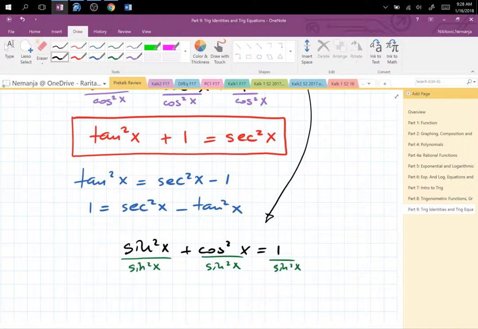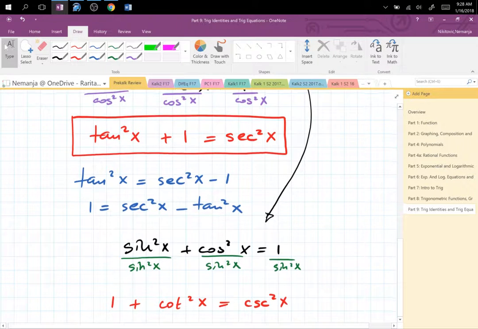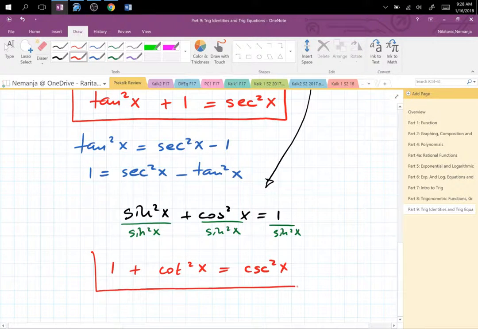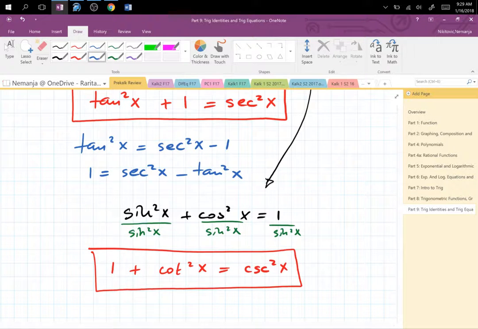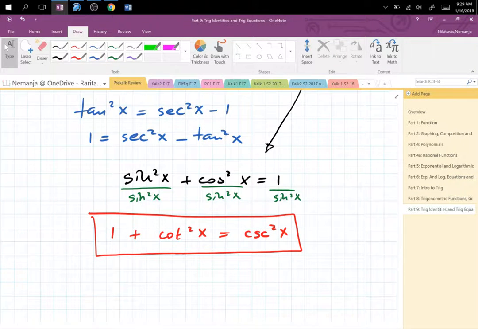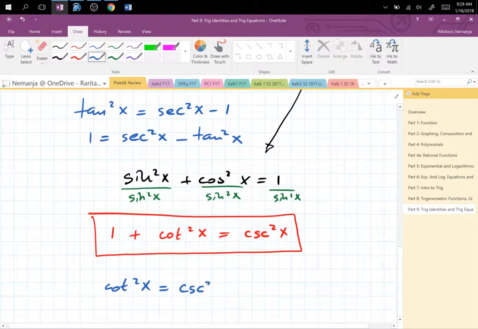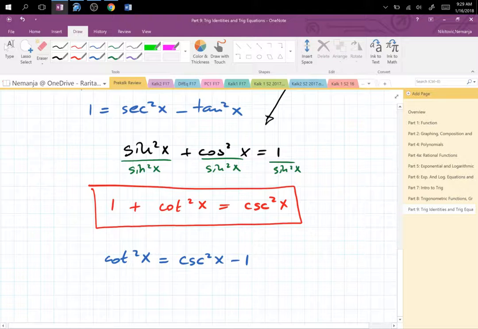And what we have is another one of the big formulas, 1 plus cotangent squared x is equal to cosecant squared x. So this is another major one. And then rearranging terms, we get the other 2. So cotangent squared x is equal to cosecant squared x minus 1, and 1 is equal to cosecant squared x minus cotangent squared x.